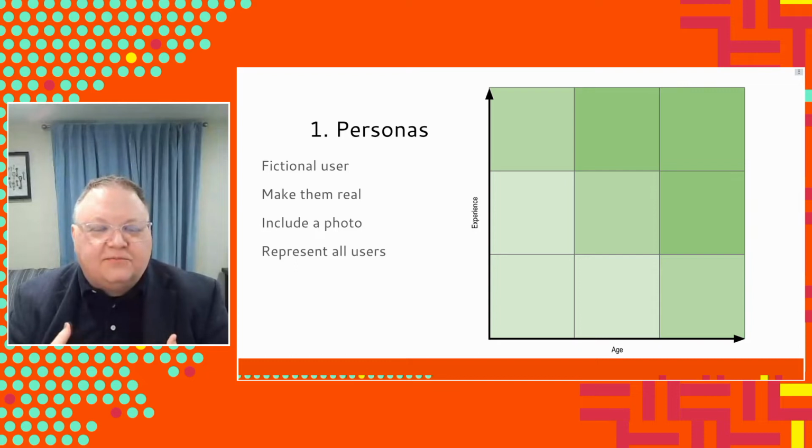People will project and say, oh, yeah, that's a real person because there's a photo with it. It really is amazing what happens to people when they're reading a persona that has a photo versus one that doesn't have a photo. Because if it has a photo, then people will view that as more real because there's a person attached to it.